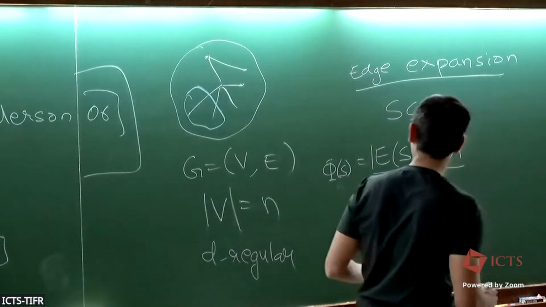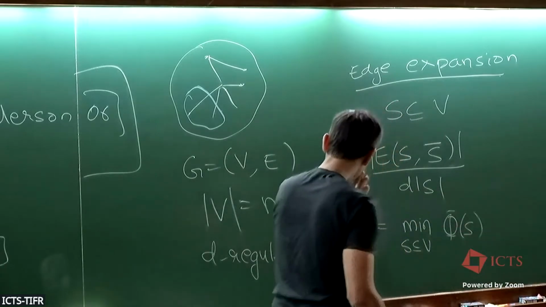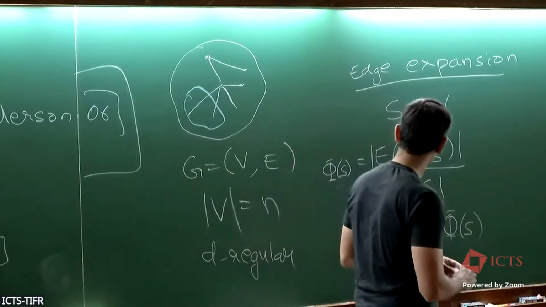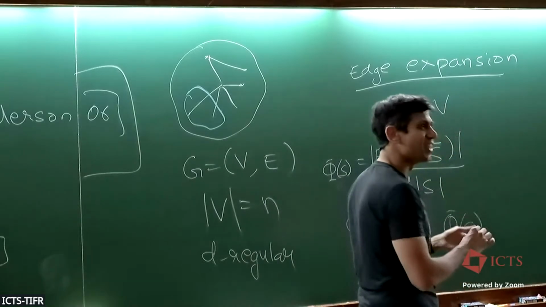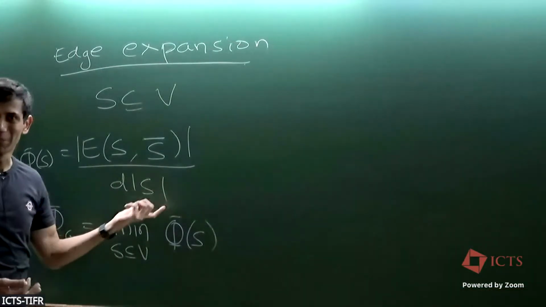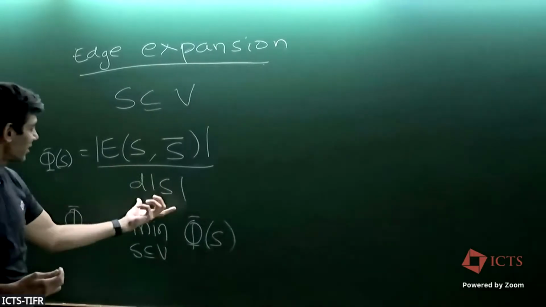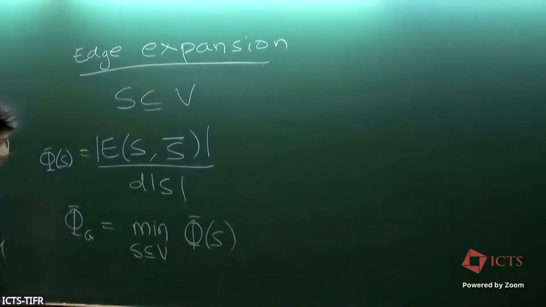It shouldn't include everything, right? Because then there is nothing left in S complement. Yeah. So in fact, it should not even be very large sets because then this denominator is really unfair. If I have 90% of the vertices in S, then there's not much room for them to go in the 10% of the remaining ones.